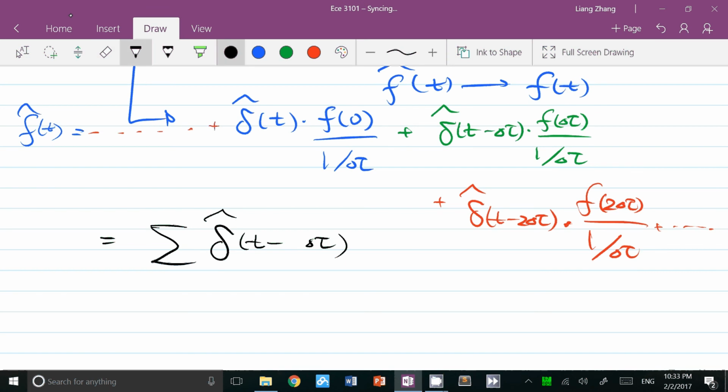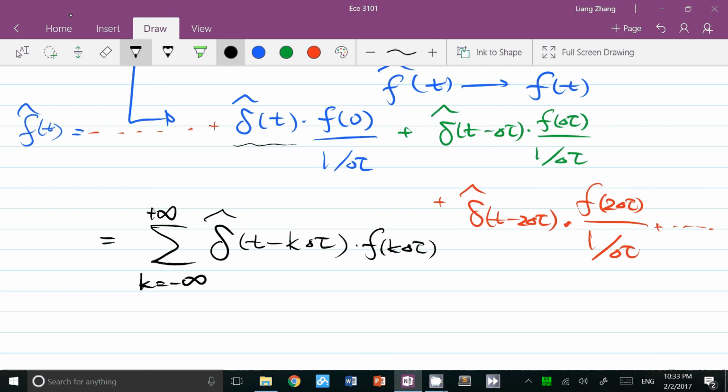K is just an integer, could be positive, could be negative. In general, we may have an infinite number of these thin rectangles on both sides of the origin, so we're going to have this infinite summation. That takes care of these rectangles. Then multiply by f, the curve evaluated at k delta tau.